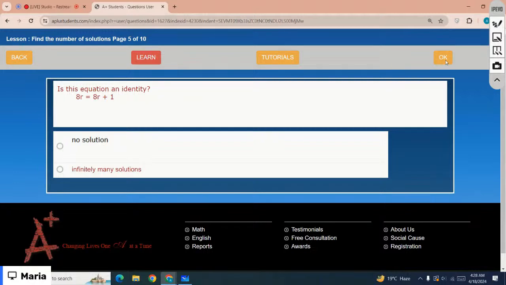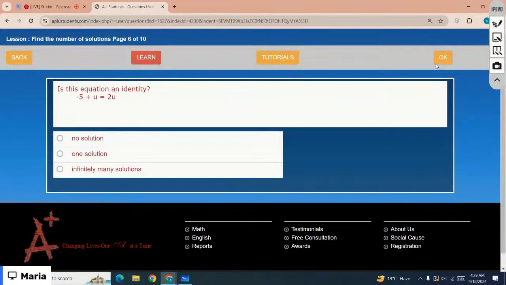Is this equation an identity? The correct option is no solution, right? Is this equation an identity?